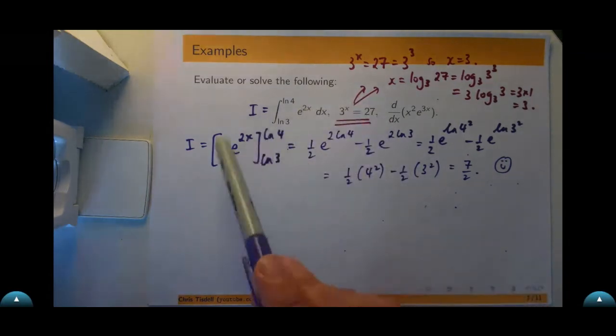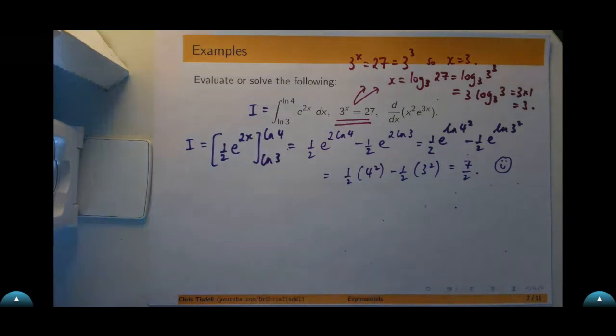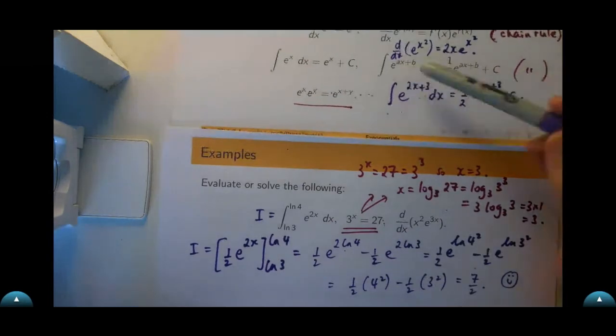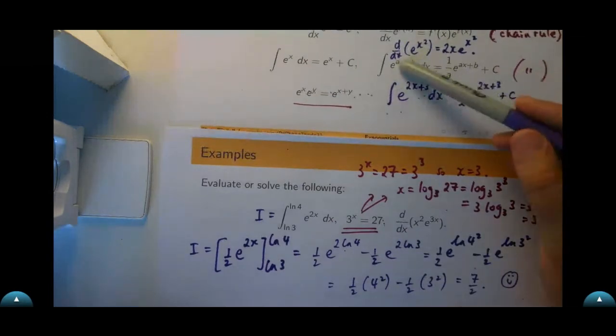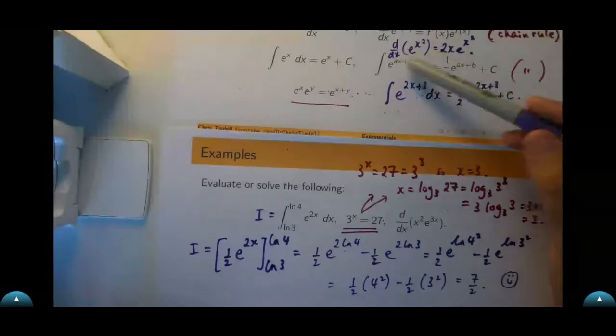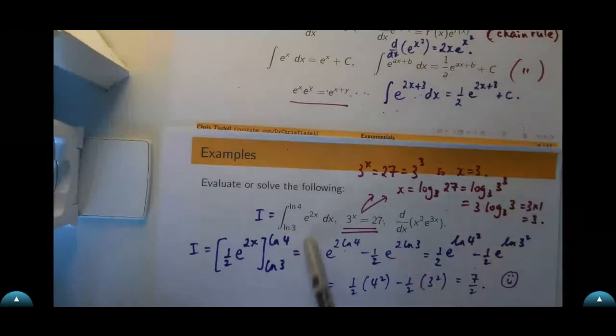Yep, it's a good question. So you can see over here, if you have e to a linear function, you just divide by the coefficient of x, right? So if you differentiate this, you'll get this. Oh, so it's like the chain rule? Exactly.